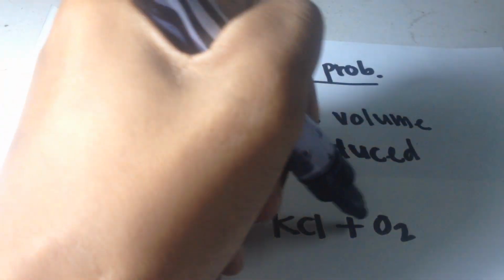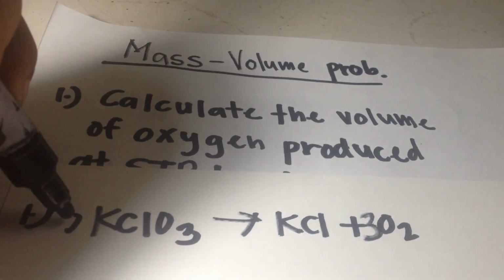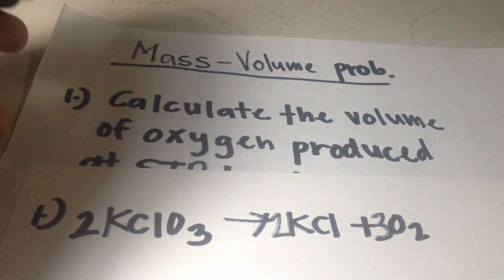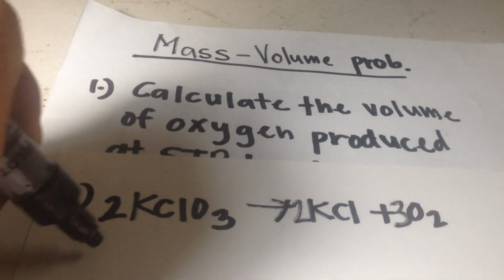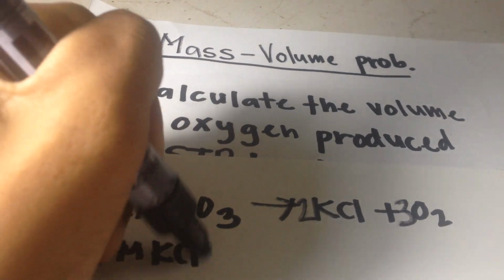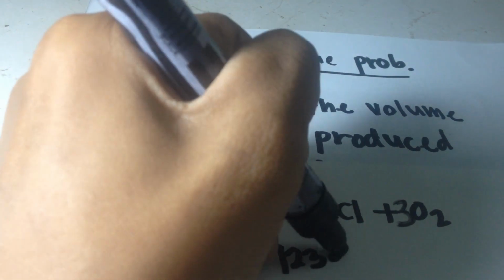You need to put a 3 coefficient here, and 2 here, so it's 2, and 2 here too. So it's already balanced. And the formula mass of potassium chlorate is 123 grams per mole.